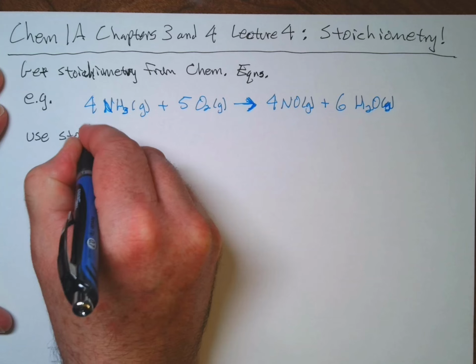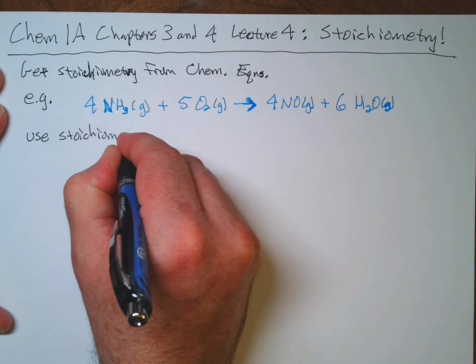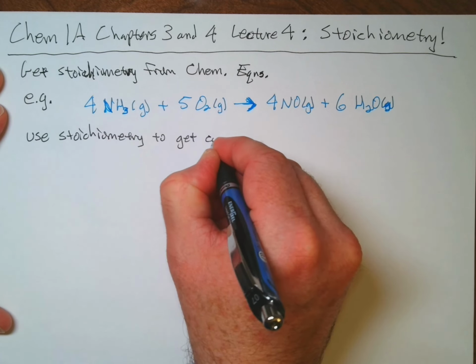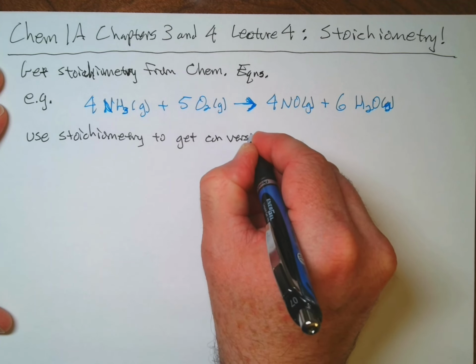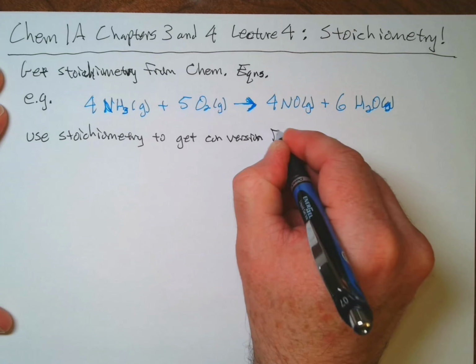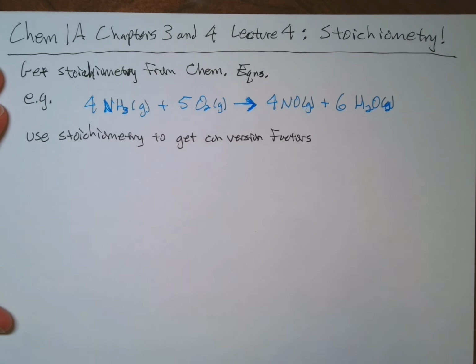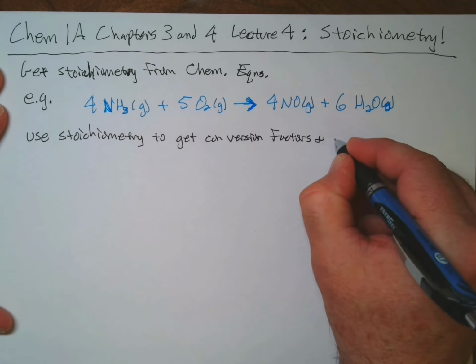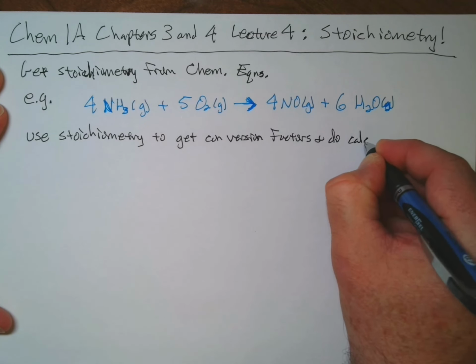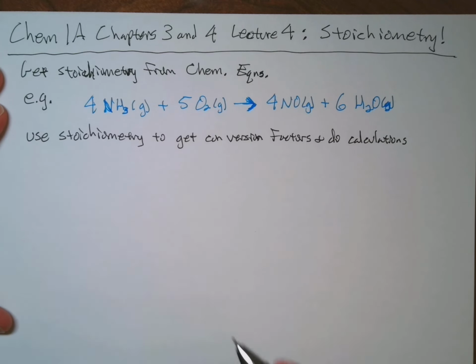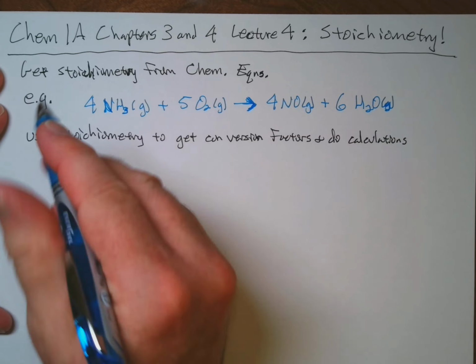Now we can use stoichiometry to get conversion factors. So we can then do calculations. So in this example here, we have the following conversion factors.